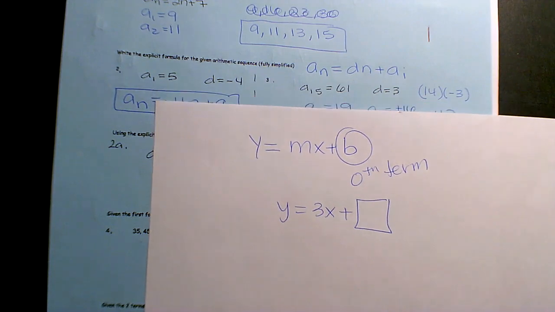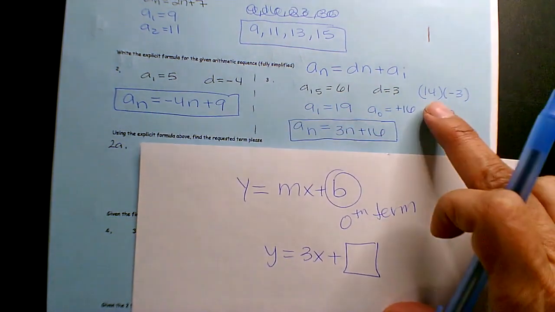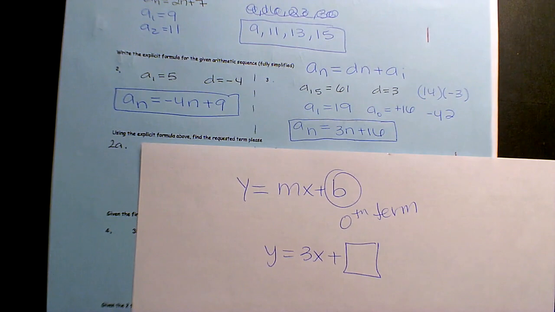So, some students did the 14 because they first wanted to go back to the initial term, and then they went 1 more term. That's mostly what students did. Some students, because remember, from A1 to A15, that's 14 terms. What's the inverse operation to your common difference, which is positive 3? Negative 3.